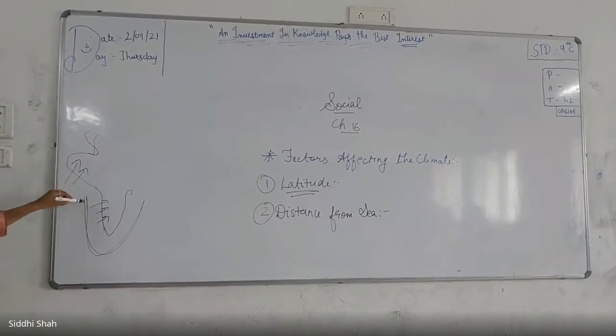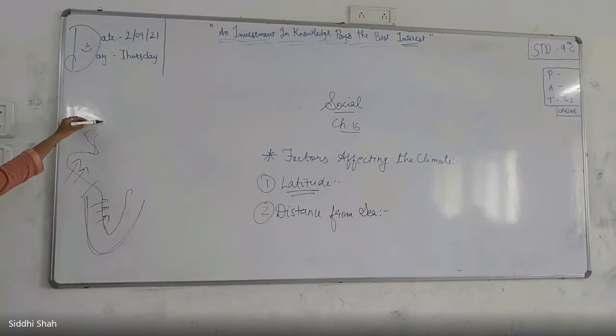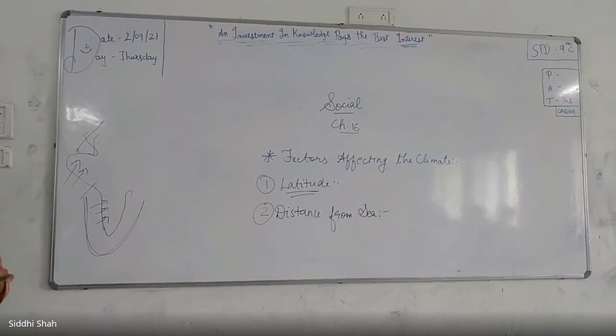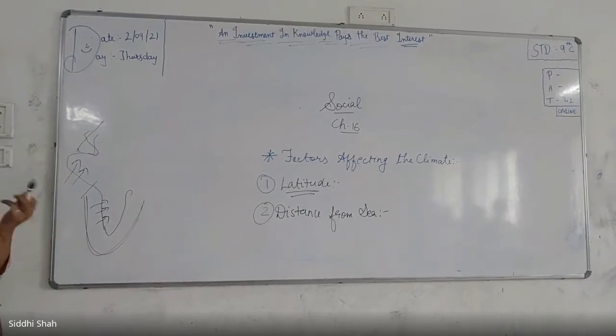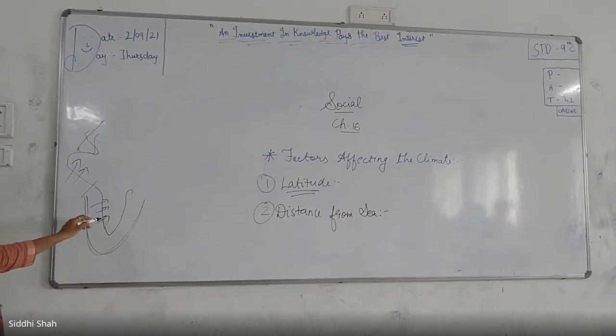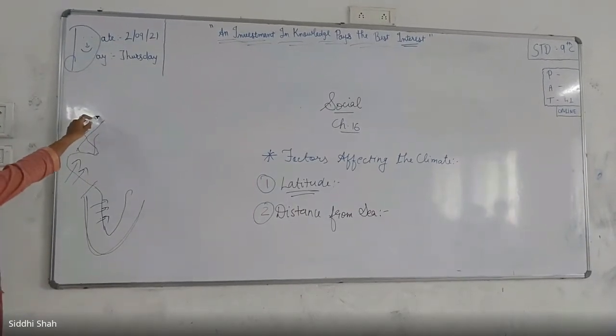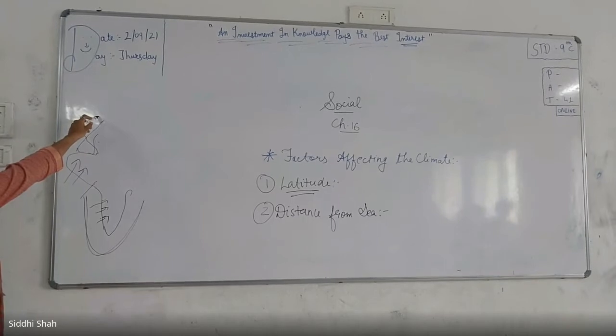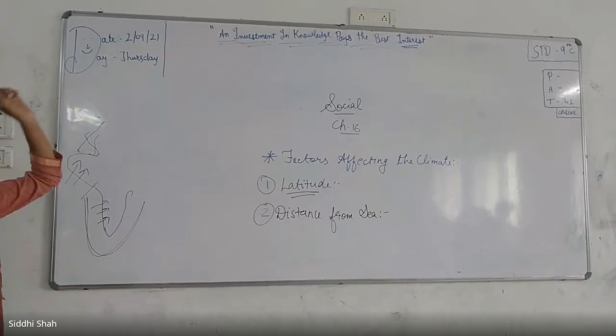Why? Because not too much of water and not too hot. So you will be experiencing three seasons. Here too much of rain will be coming. Over here there will be cold, upper part, northern part.